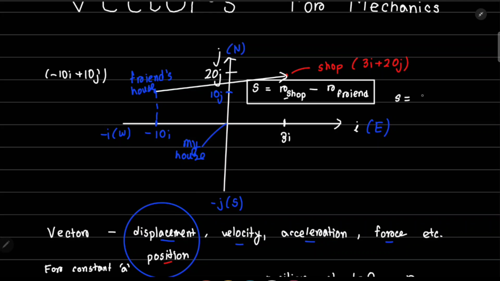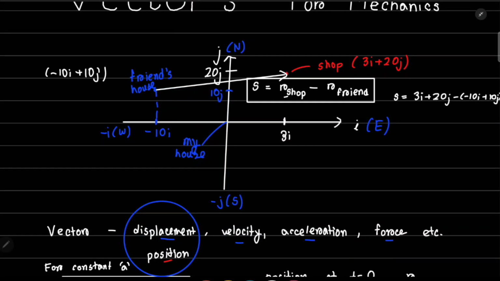So this will be 3i plus 20j minus minus 10i plus 10j. So we'll have this expression over here. This will come out to be 13i plus 10j.